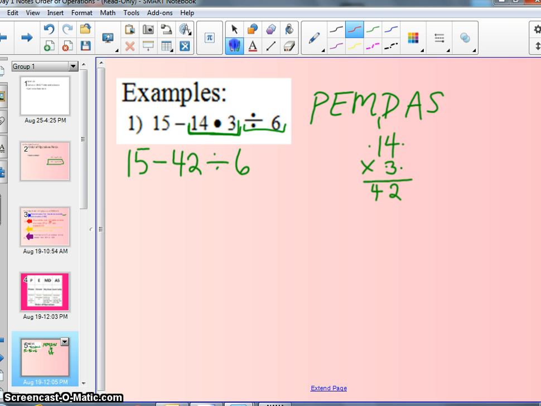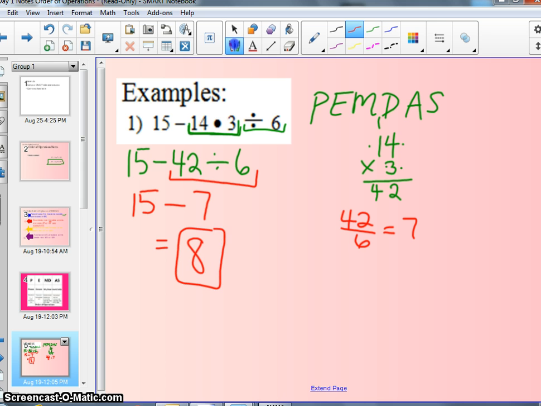Okay, so now let's do this division. So 15 minus 42 divided by 6 is 7. So now I have 15 minus 7. And 15 minus 7 gives me 8. Please box or circle your answers so I can always find your answers easily.